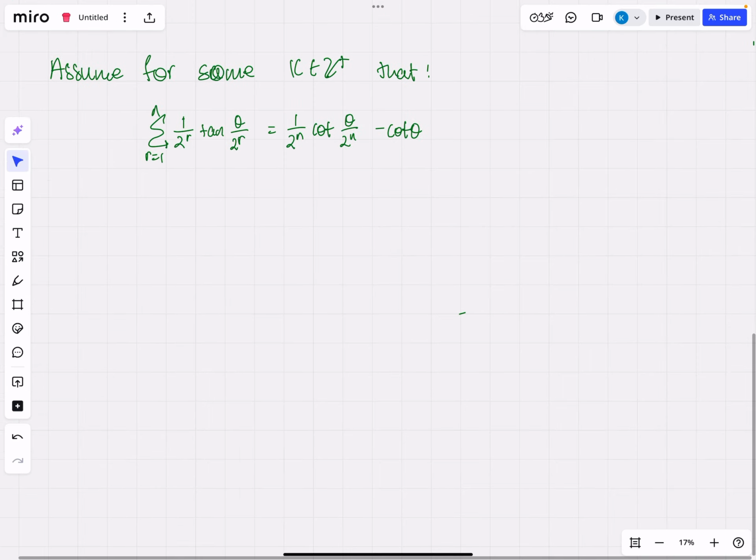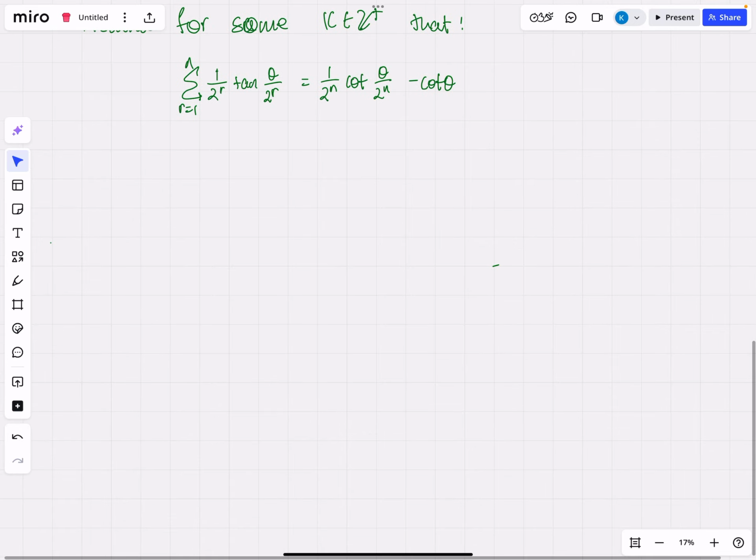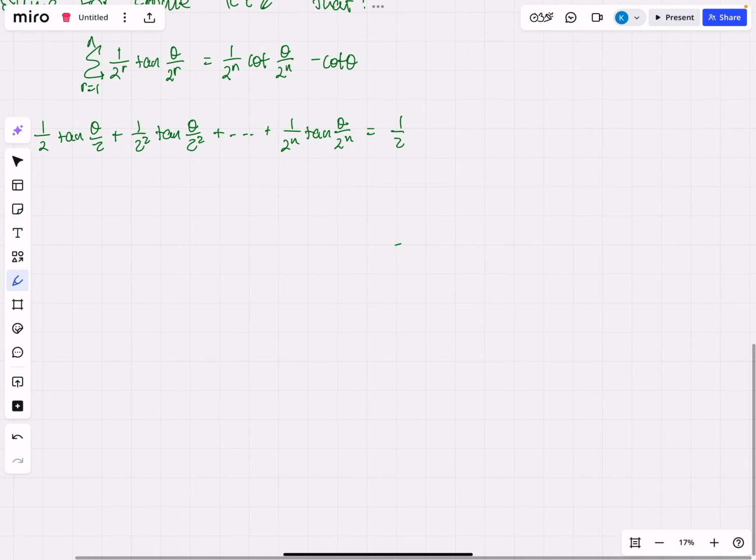Now, what this statement is essentially saying is that if we have 1 over 2 tan theta over 2 plus 1 over 2 squared tan theta over 2 squared plus dot dot dot plus 1 over 2 to the n tan theta over 2 to the n, that's equal to 1/2 cot theta over 2 to the n minus cot theta.